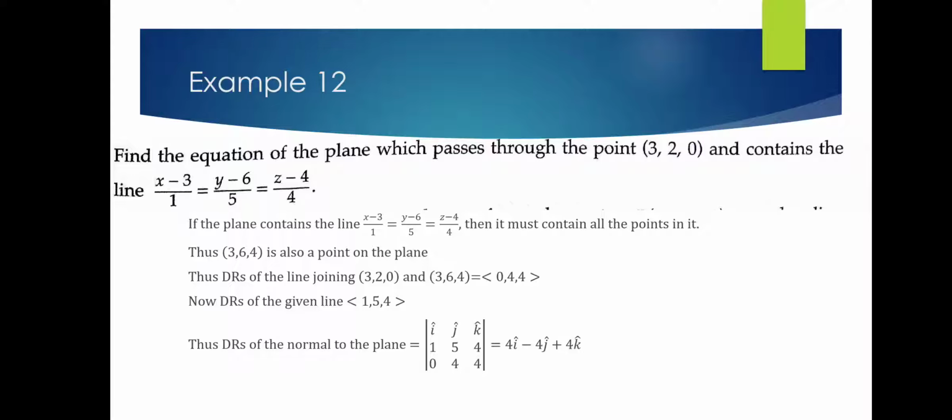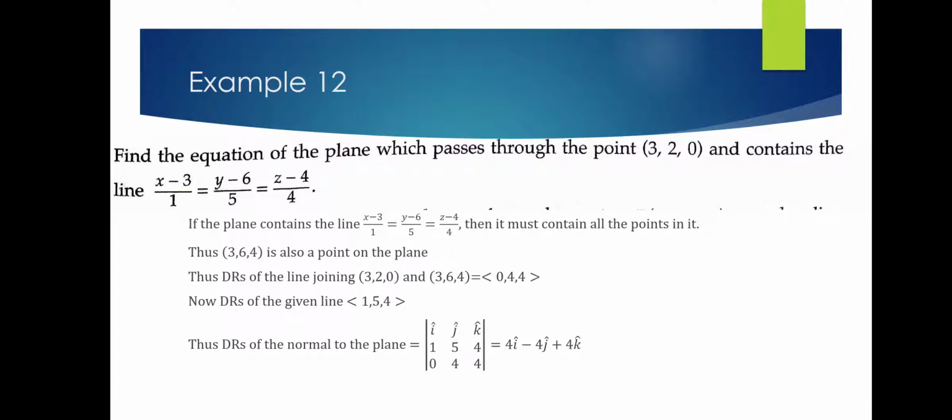Now, all I need to do is find the direction ratio of the normal to the plane. So I have got two direction ratios of two different lines which are on the plane. Then how to find the direction ratio of the normal to the plane? Just take the cross product of them. Why? Because the cross product always gives you a vector which is perpendicular to the plane containing the two vectors.